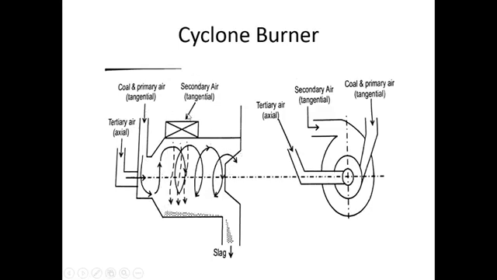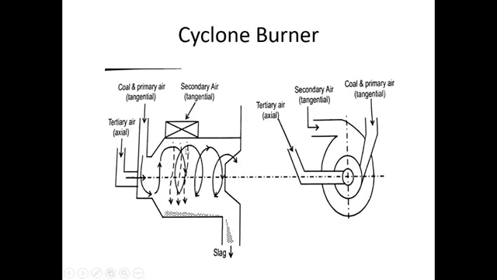Okay, and at that time itself secondary air is supplied, and tertiary air will help to maintain the turbulence throughout the system till the end. So that will help in that way.